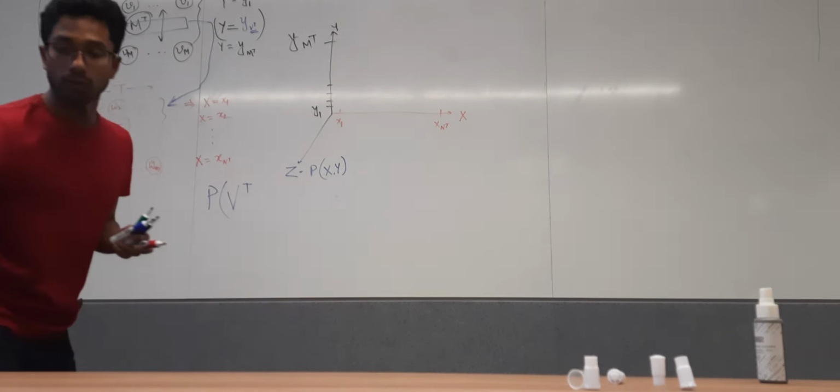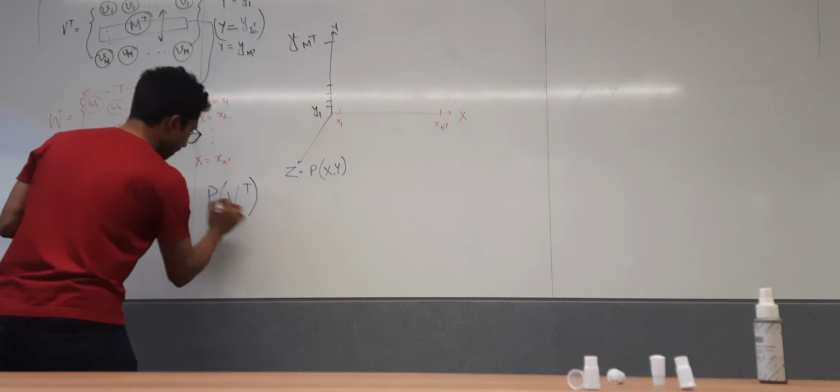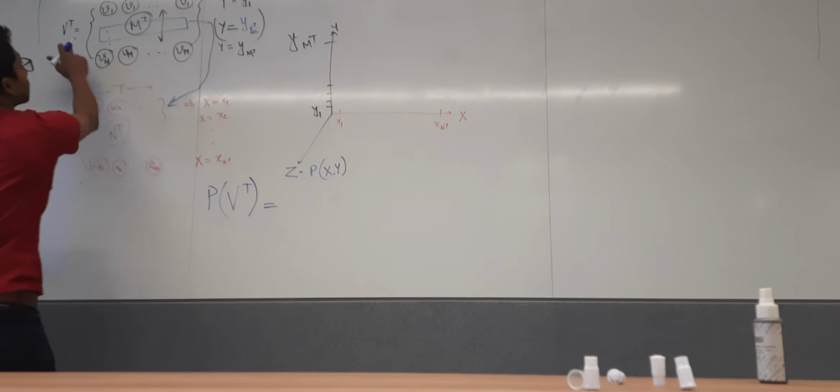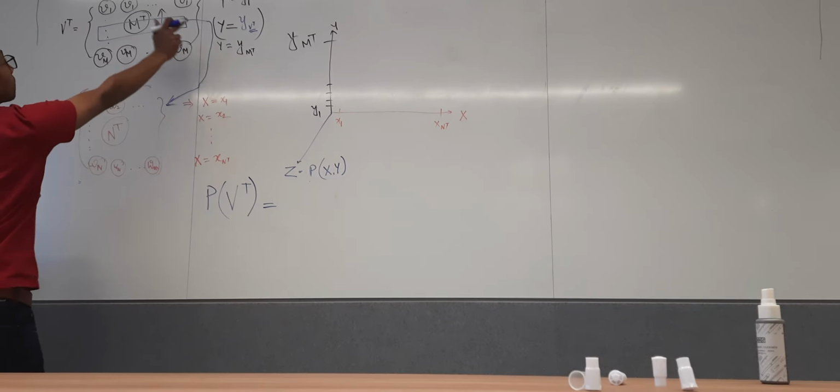This is the conventional way that we write it. So p of vt is nothing but, what does it mean? It means that for this particular sequence, what is the probability of this particular sequence? So we are looking at a marginal probability distribution of the random variable y taking that particular value out of all the possibilities here. So somewhere y of vt lies here, and that is a constant.